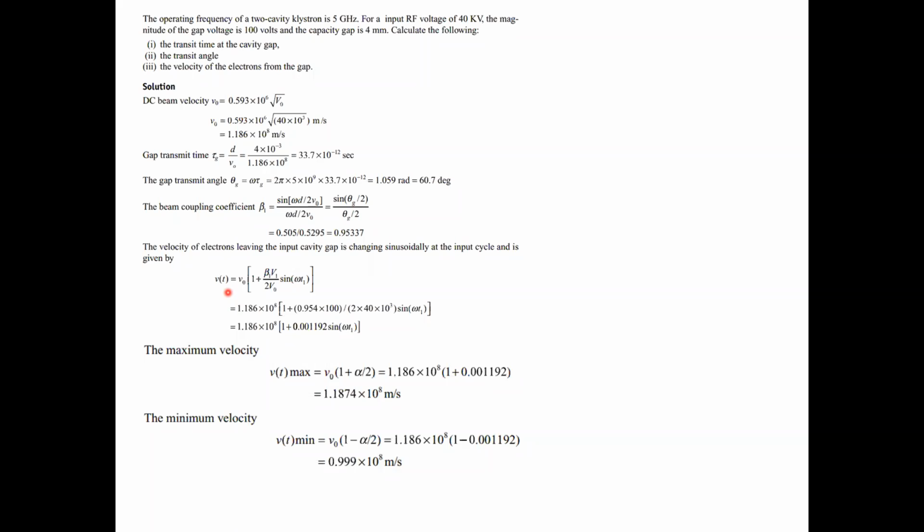Why? Because we found that the velocity of the early electron is slow, the velocity of the reference electron is moderate, and the velocity of the late electron is high. So just recall the theory and implement the knowledge in problem solving.